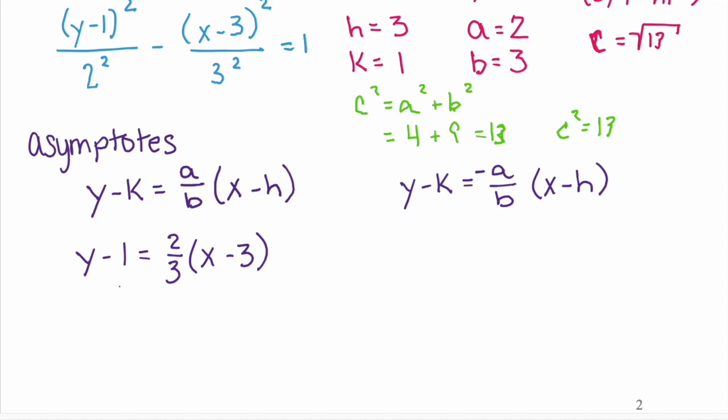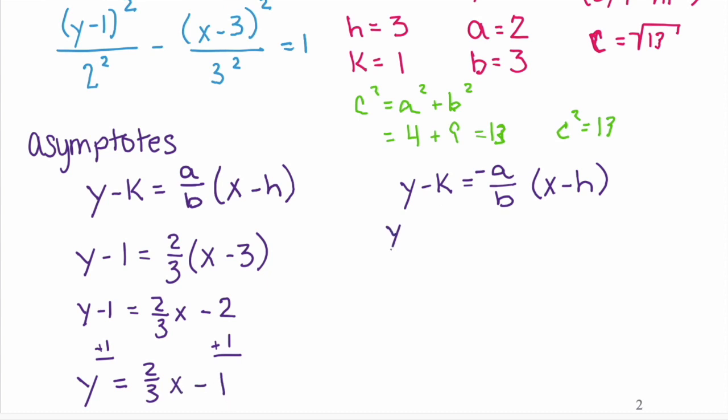Let's solve this first one for y. So first I want to distribute that 2/3. So 2/3 x, 2/3 times a negative 3 will give me a negative 2. I need to add 1 to both sides, and my final linear equation is y equals 2/3 x minus 1.